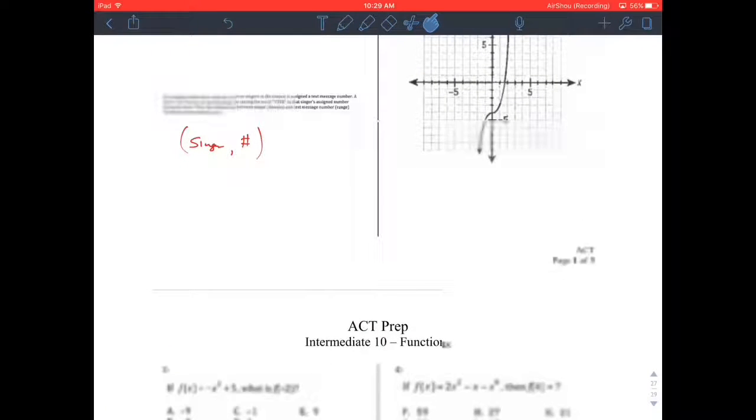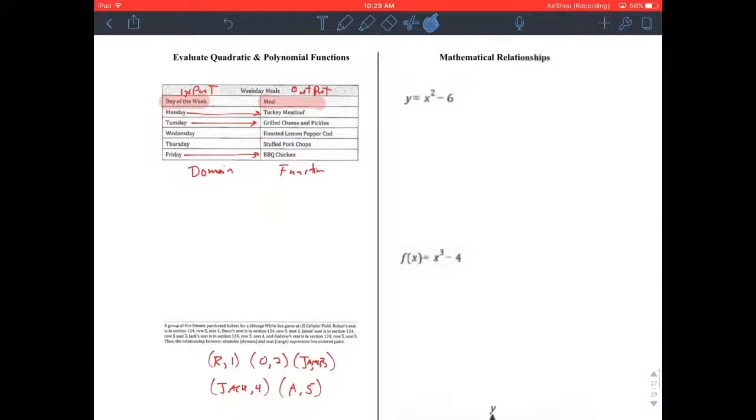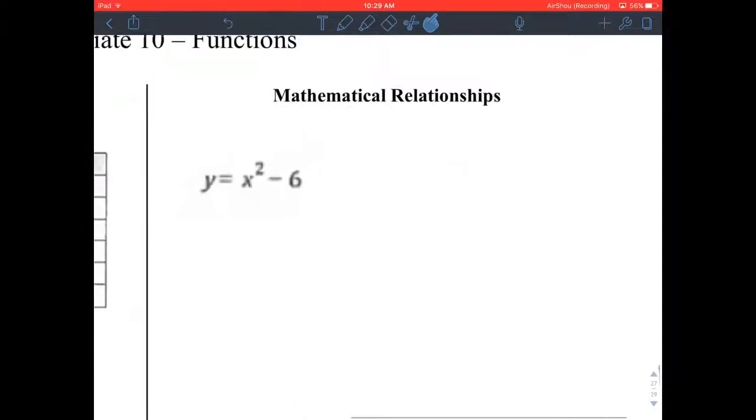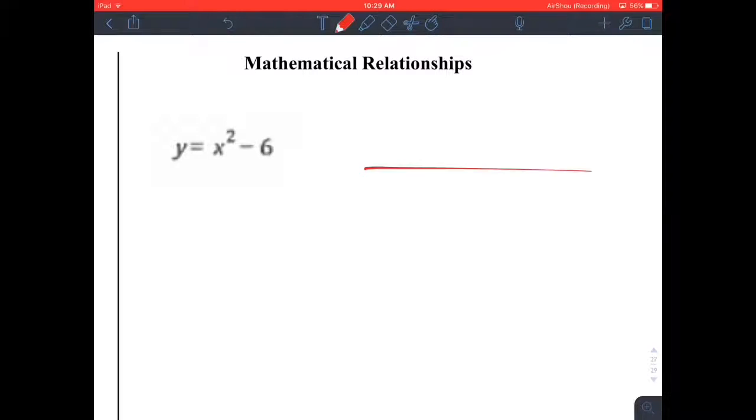Alright, so let's do a real example. Mathematical relationships. It's not a real example, it's just more explaining, I guess. So this shows the relationship between x and y. Any number that you put in for x, to get the y value, you have to square x, multiply it by itself, and then subtract 6, for example.